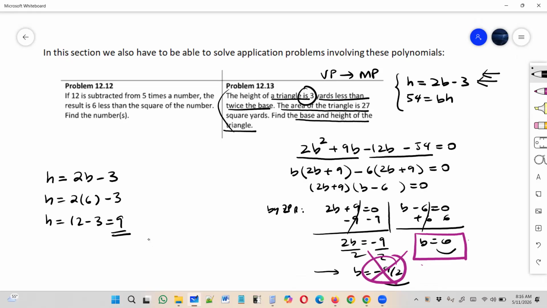All right. So in this section, you're going to have to solve these polynomials by factoring, and you may have to solve these types of application problems. The first one was very simple and short. The second one was a little bit more involved, but they're both possible types on the exam.